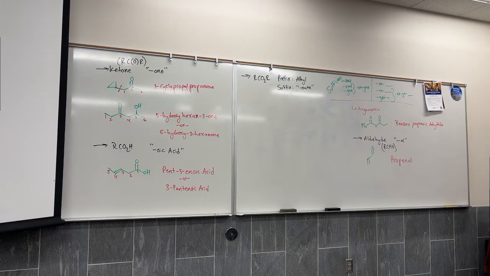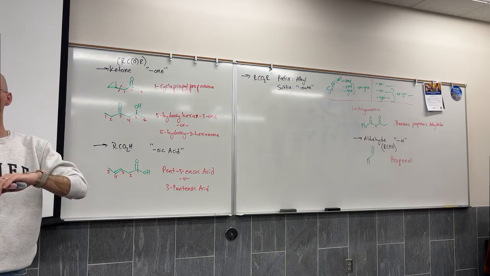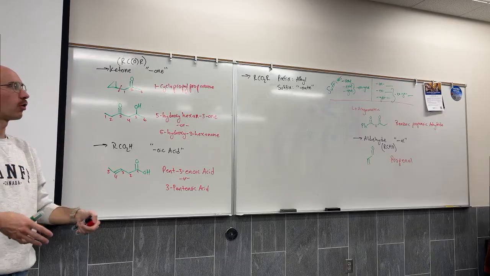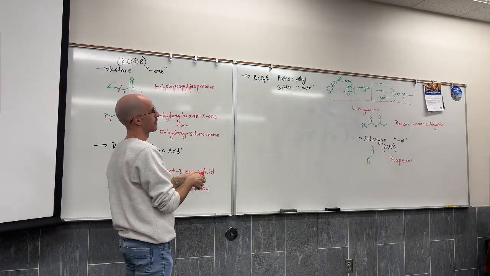Carboxylate gets the suffix -oate. And so we're basically naming this as an alkylated carboxylate. We'll say methyl benzoate, or we'll say ethyl acetate.